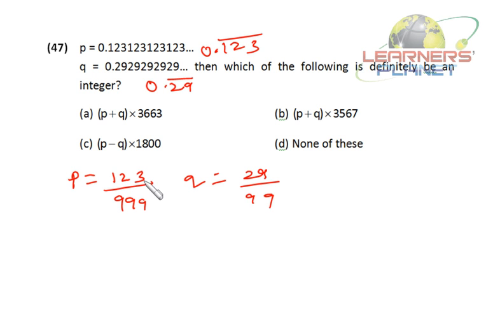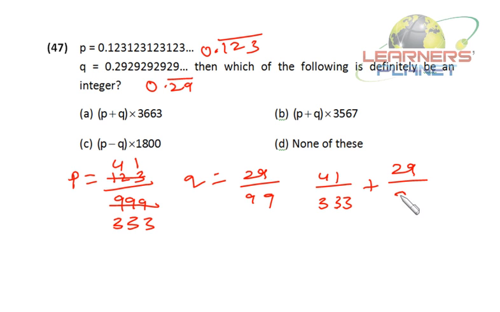Now 123 is a multiple of 3 and 999 is also a multiple of 3, so let's cancel it by taking 3 as common. Now we have to add P and Q, that is 41 by 333 plus 29 by 99. Now we have to take the LCM of 333 and 99. 333 is 3 into 111, and 99 is 9 into 11.